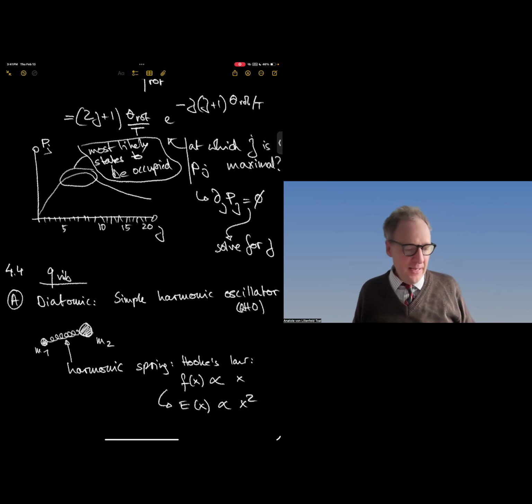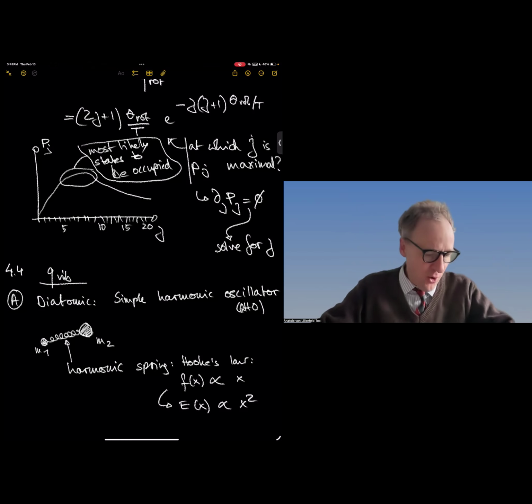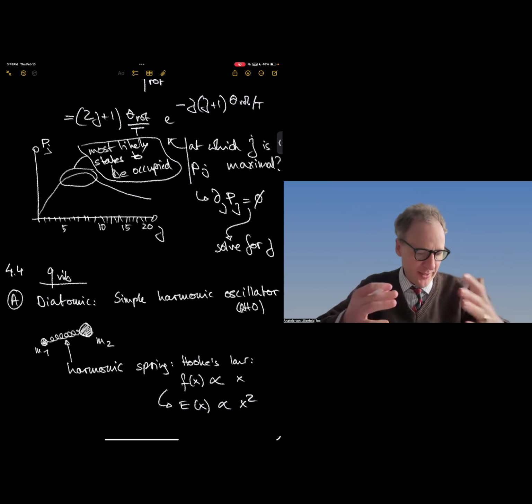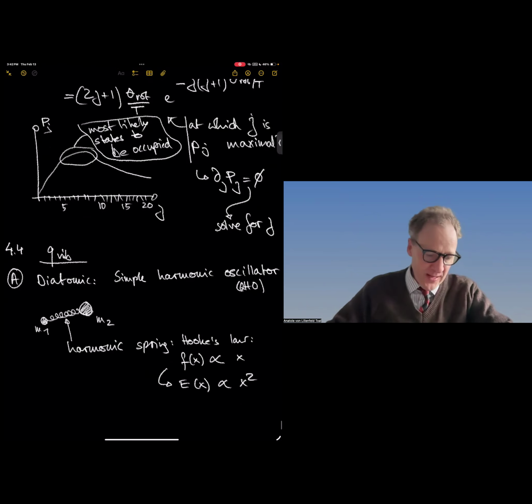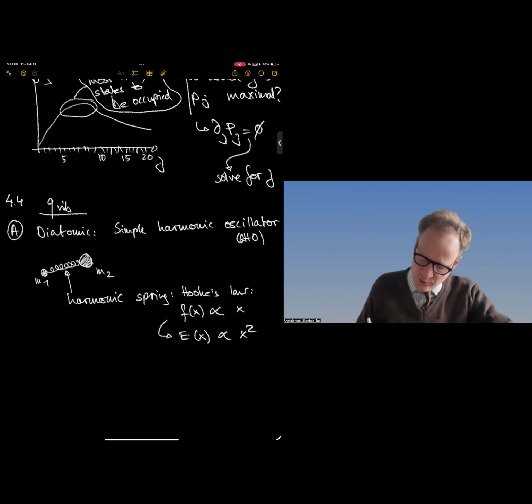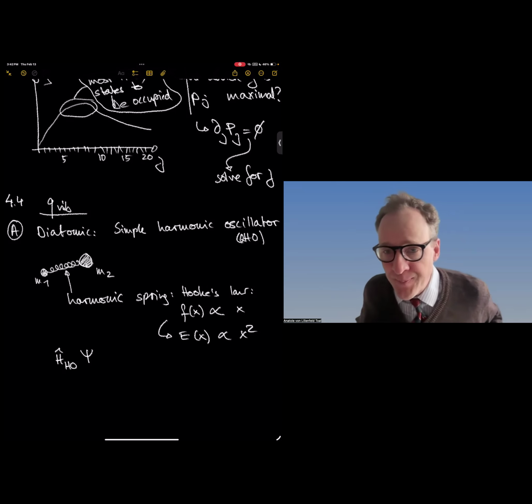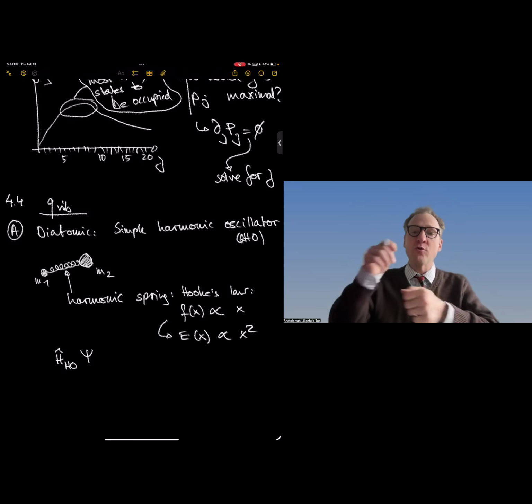Okay. And so Hooke discovered this law for springs, harmonic springs, and so this is where the quadratic potential comes from in your Hamiltonian, in addition to the kinetic energy for these atoms with their mass moving. This will form your Hamiltonian of the harmonic oscillator, and you will get a wave function. And this wave function now is not for rotations.